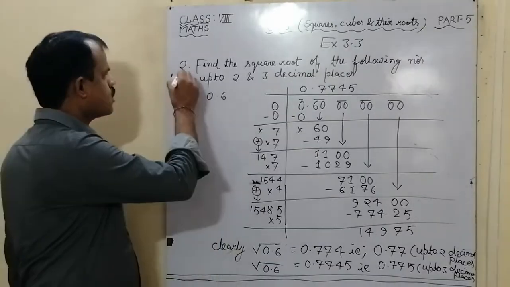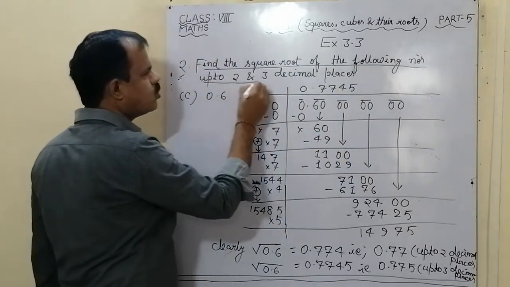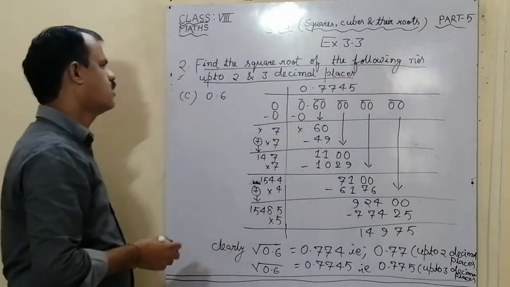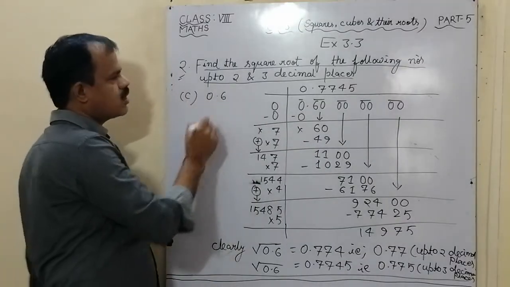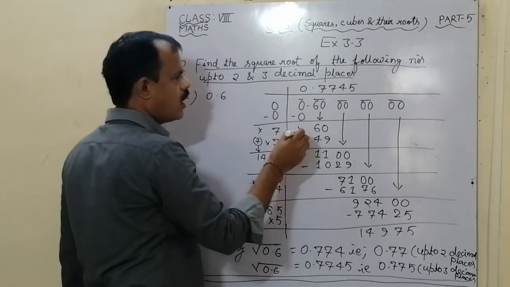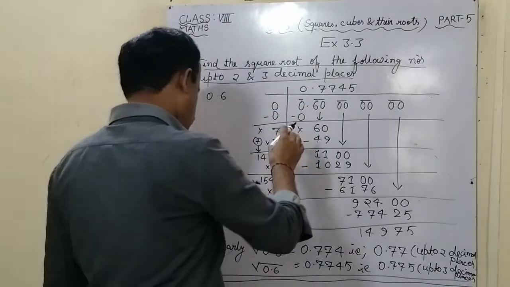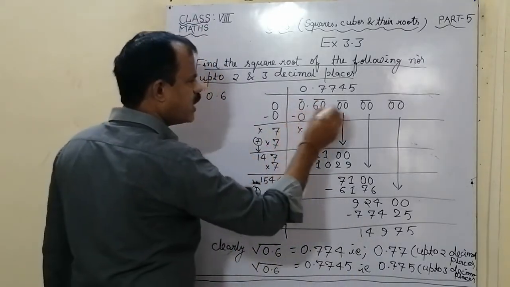Yes students, question number 2. Find the square root of the following numbers up to 2 and 3 decimal places. We have already done the A part, this is the C part, 0.6. First we write 0.6 as the dividend and make pairs.